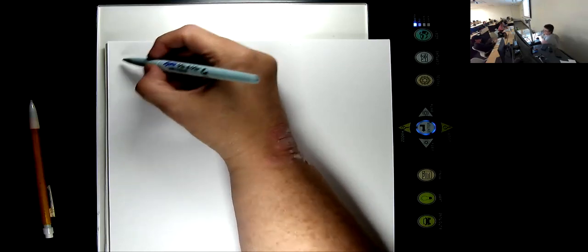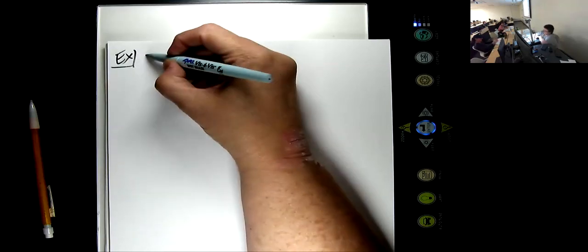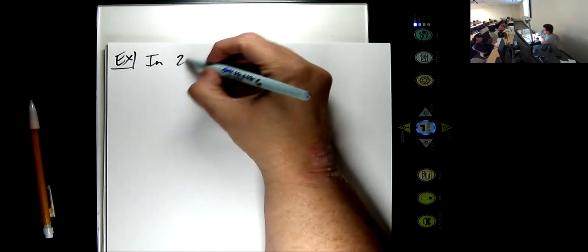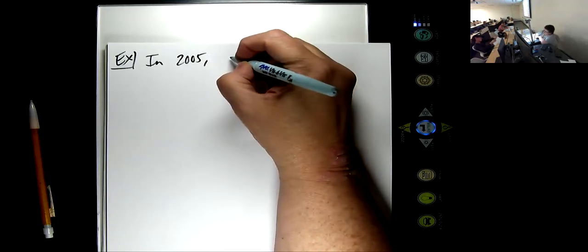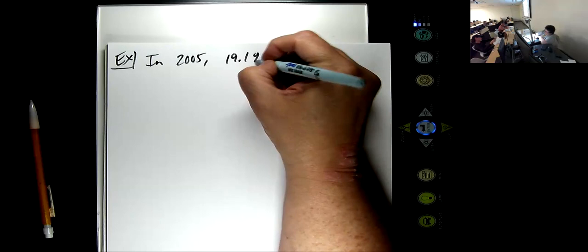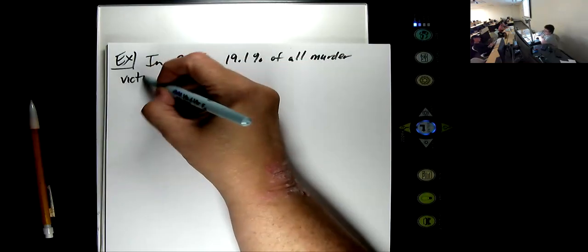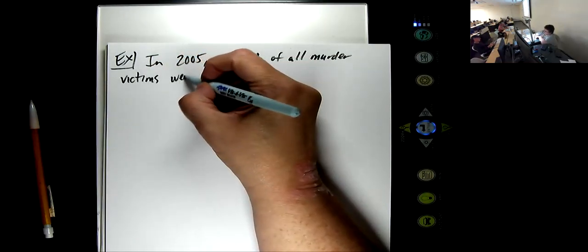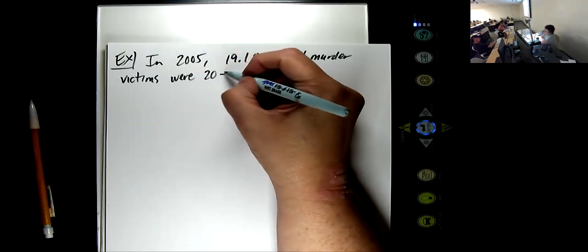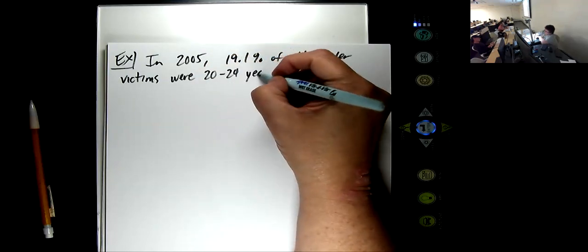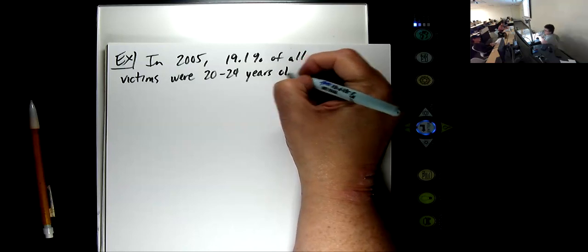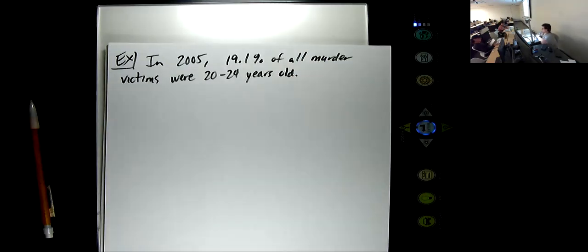So here's our first example. In 2005, 19.1% of all murder victims were 20 to 24 years old. I'm gonna say this 20 to 24 years old a few more times.